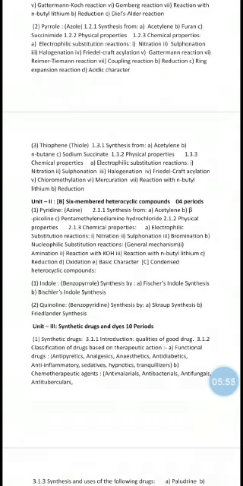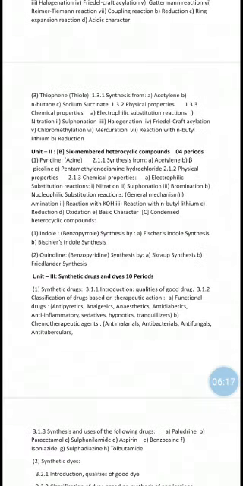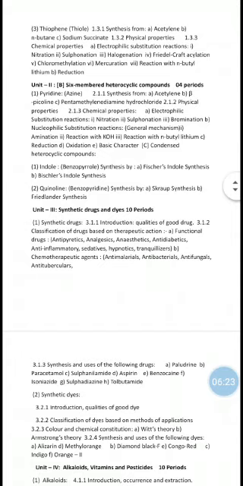Out of these three, pyridine is monocyclic while indole and quinoline are bicyclic. After the completion of the 6-membered heterocyclic compounds, the third unit is synthetic drugs and dyes.